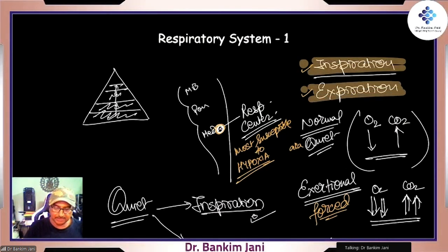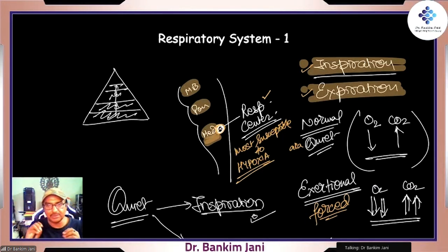For the respiratory system, we need to understand that this is our brain. In the brain, this is midbrain, pons, and the medulla oblongata. These things will come in when we discuss the brain in more detail. But remember this medulla oblongata, it is the part where the respiratory center is. This is the most susceptible system to hypoxia.